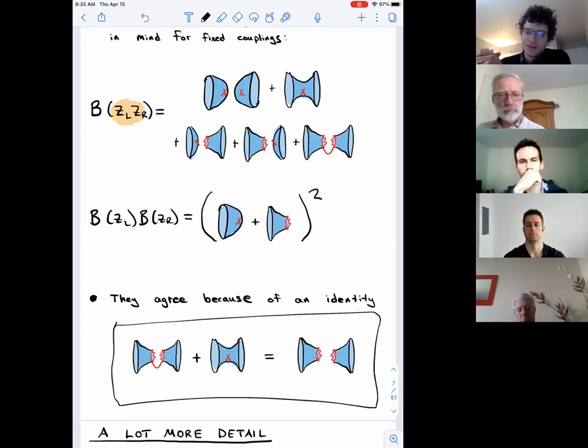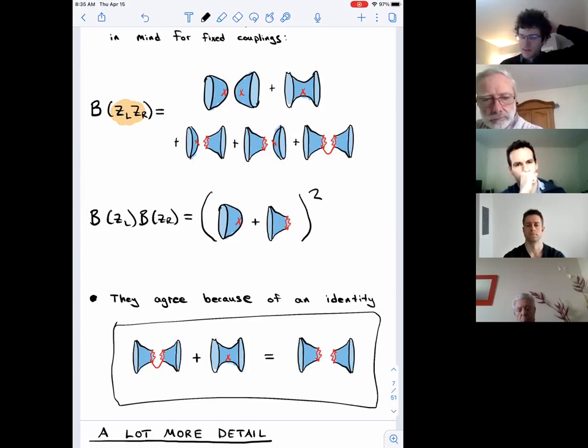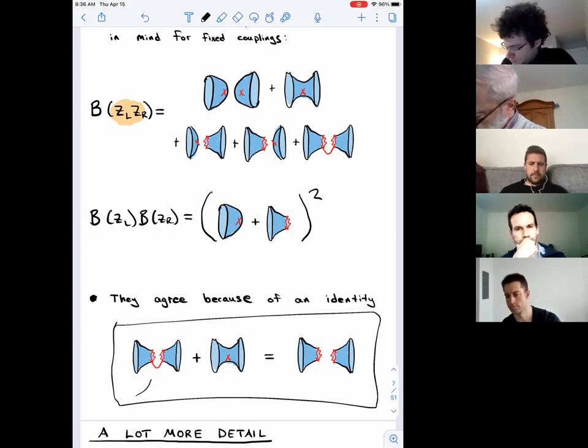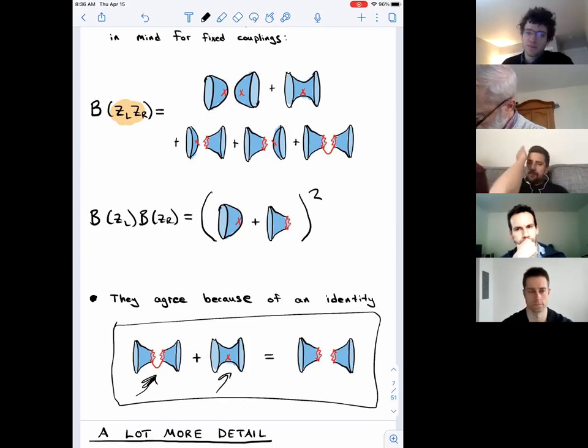So previously, we discussed the possibility that you just don't include wormholes at all, right? Mm-hmm. And here there's a way of doing the computation correctly where you do include the wormhole. You include the wormhole and you include some half wormholes. And they reproduce the answer that you would have got if you'd never included the wormhole at all.